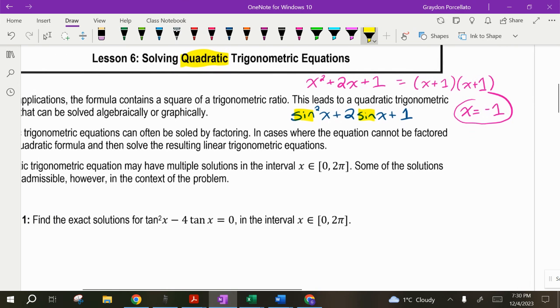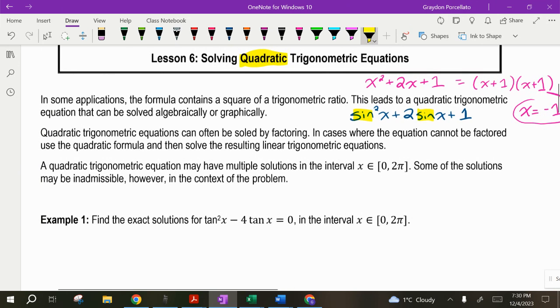So in some applications, depending on what you're doing, the formula contains a square of a trigonometric ratio, like I've shown there. This leads to a quadratic trigonometric equation that can be solved algebraically or graphically. We will be focusing on solving algebraically.